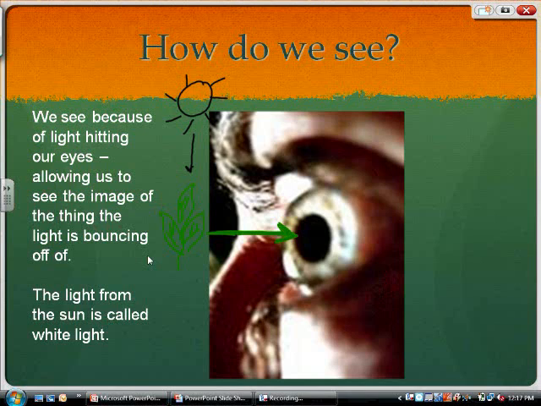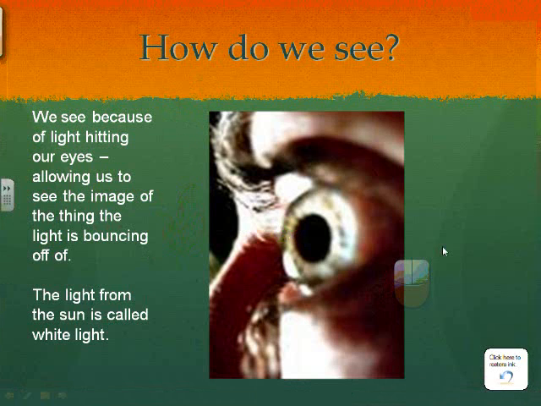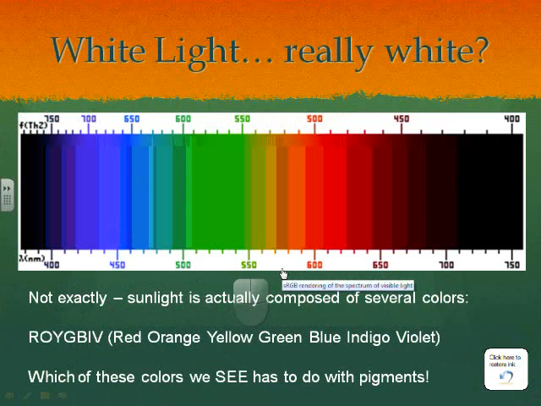So when somebody's wearing a red sweatshirt, that means that the dyes, the pigments in their sweatshirt, are absorbing everything but red. Red bounces off, red hits your eyes, you see red. So when we see color, it's because that specific wavelength of light is what's being bounced off, what's not being absorbed. That's how we see it. Now, we should know about Roy G. Biv.